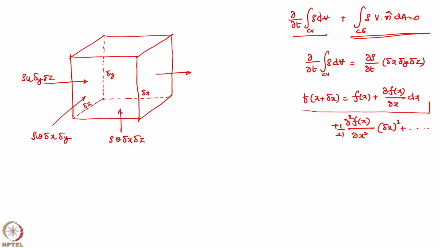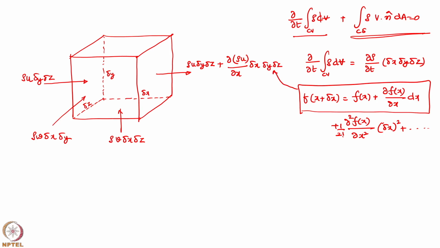But if I take only this and my f of x is rho u delta y delta z, then f of x plus dx is rho u delta y delta z plus dou of rho u by dou x into delta x, delta y, delta z is constant, so that is why I have pulled out. So, this is written on the basis of Taylor series expansion.